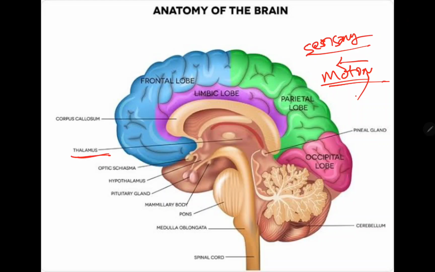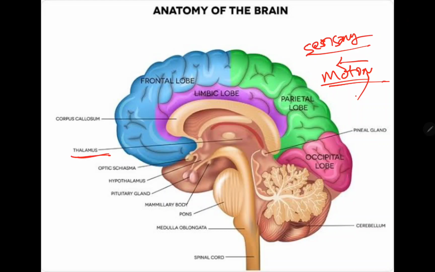Another interesting thing is that the thalamus is found in your limbic system. This limbic system is present within your cerebrum. It is nothing but neuron cells, but the function is different from the others. The limbic system is mainly responsible for the formation of new memories. If you are seeing something which is new to your brain, it will memorize it.